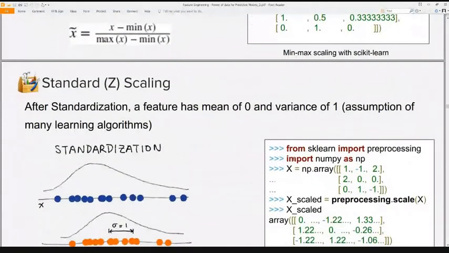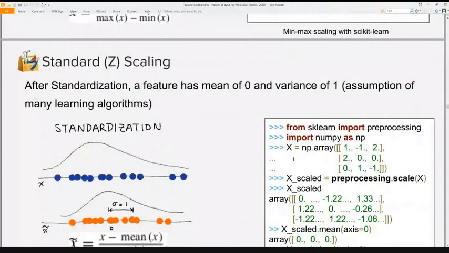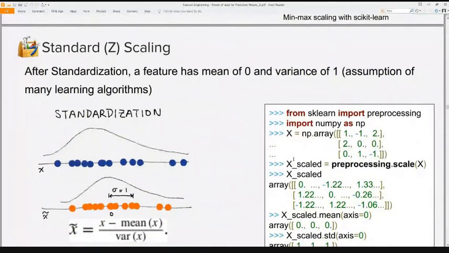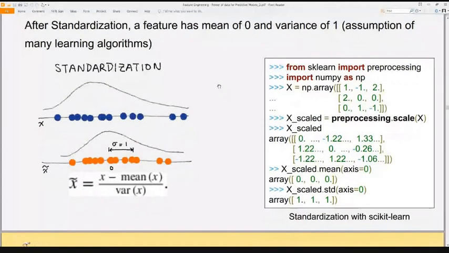We have the z-scaler, in a range from around -1 to 1. So after standardization, a feature has a mean of 0 and a variance of 1, which is normally the assumption of many learning algorithms. So it scales from -1 to 1.